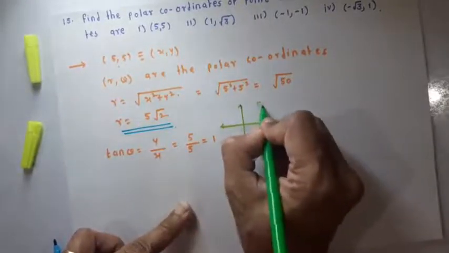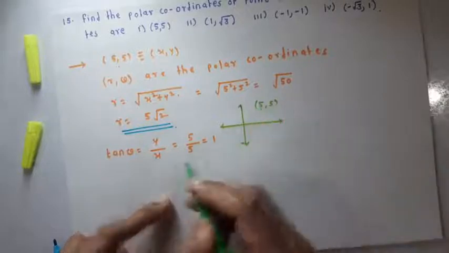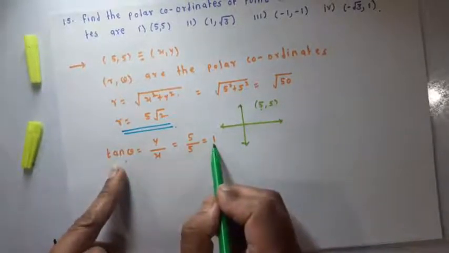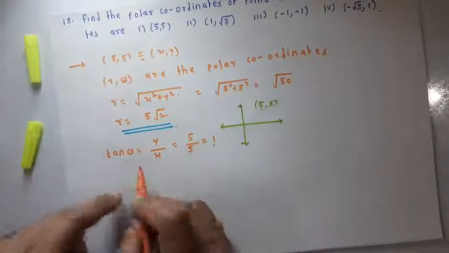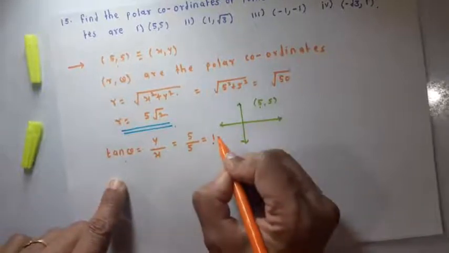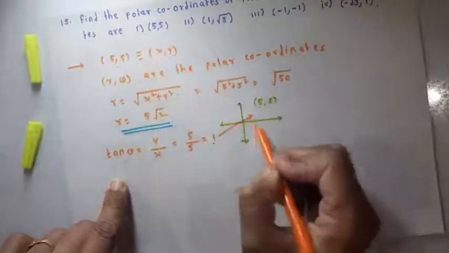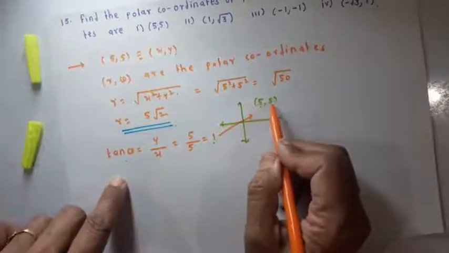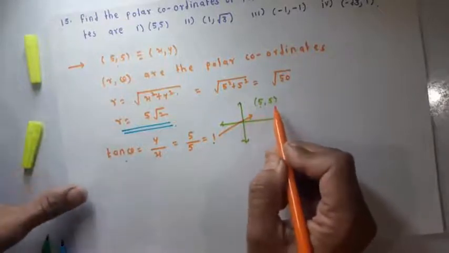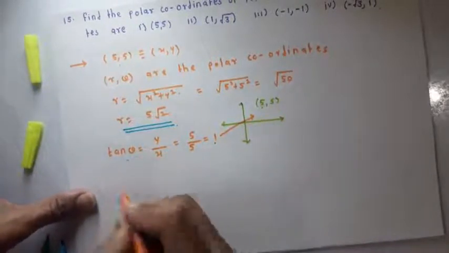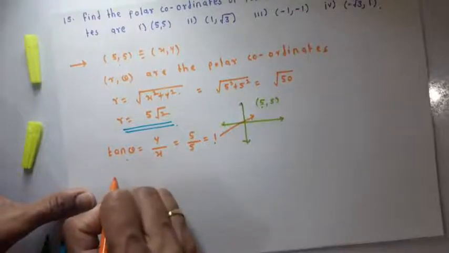That lies in the first quadrant. Because both x and y are positive, both are in the first quadrant, and hence tan theta is 1.